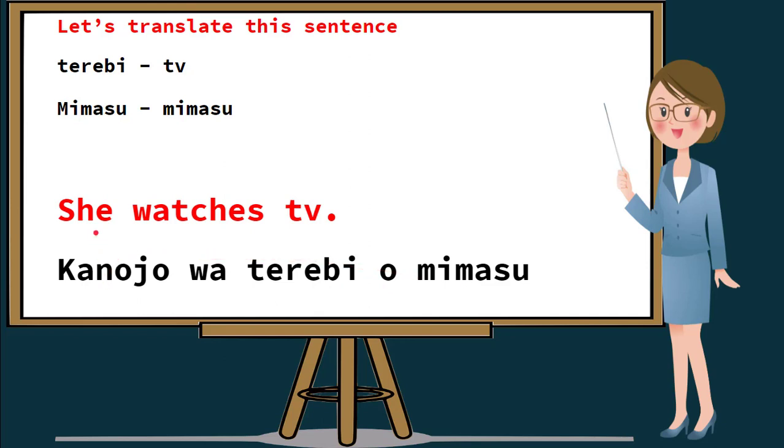Kanojo, which is a pronoun, means she. Watches is mimasu, and terebi is TV or television. So let's read this. Kanojo wa terebi o mimasu. Please follow after me. Kanojo wa terebi o mimasu. In English, she watches TV.